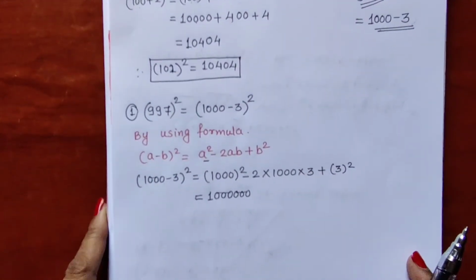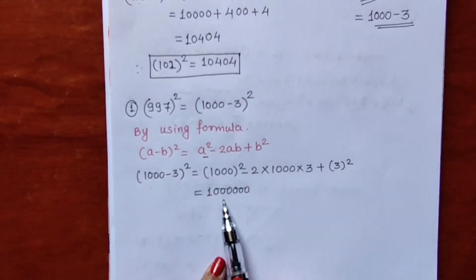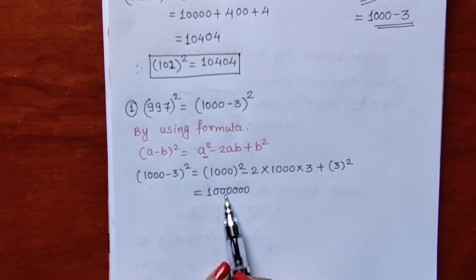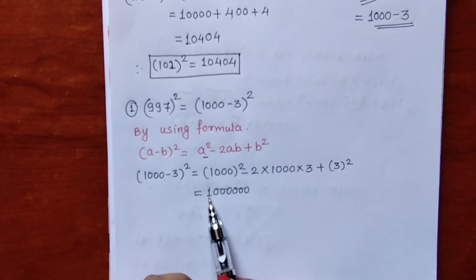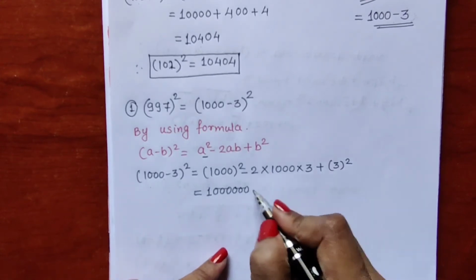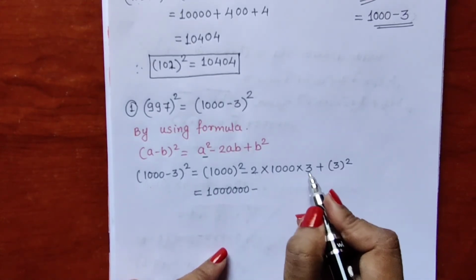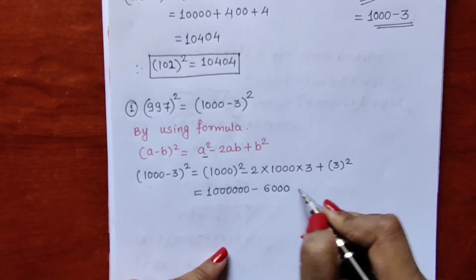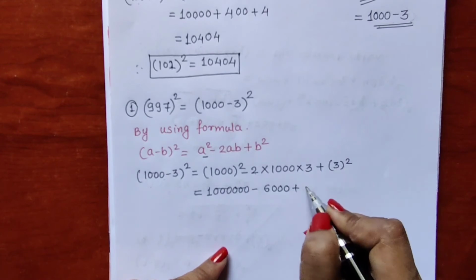So we have written 6 zeros, which number are we getting? Unit, tens, 100, 1000, 10,000, lakh, 10 lakh. So this is 10 lakh minus 2 3s are 6, 6 into 1000 is 6000, plus 3 square is 9.